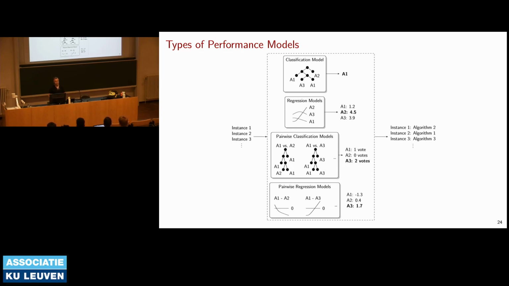But of course, I also have more information available that I might then be able to use, for example, to schedule my algorithms better, where I not only know that this is the best one, but I also know that these are the ones that come after it, and I can quantify the performance difference between them. And then I might want to, for example, allocate resources according to the predicted performances or according to the predicted performance differences.